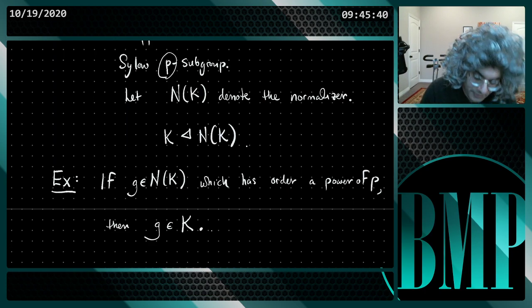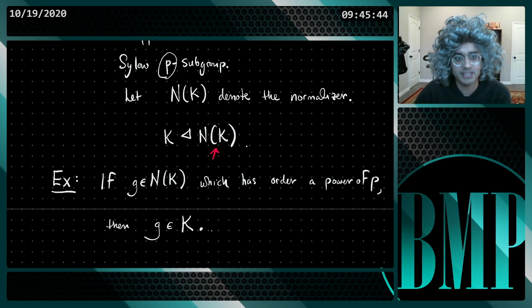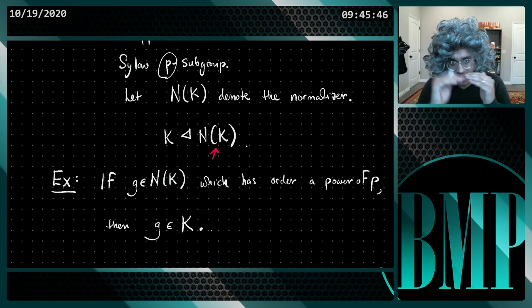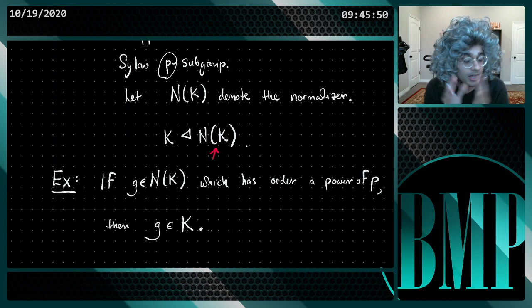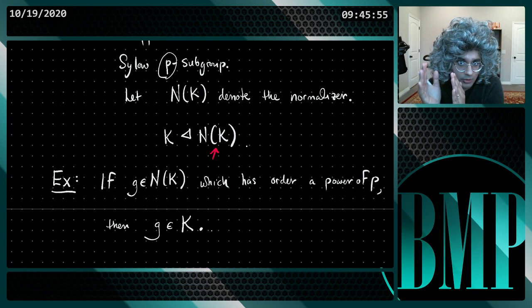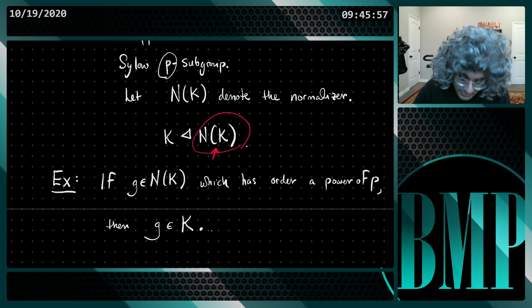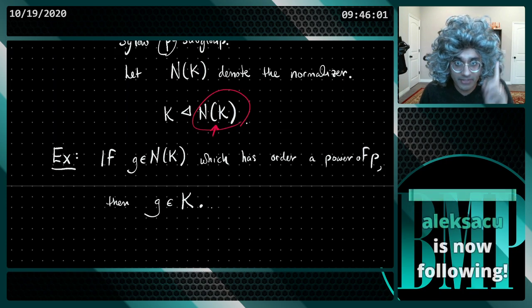So just to phrase it oppositely, there are no elements in the normalizer outside of the Sylow p subgroup which have order p to some power. There are none. All the elements that have order p to some power in this group are actually in the Sylow p subgroup.